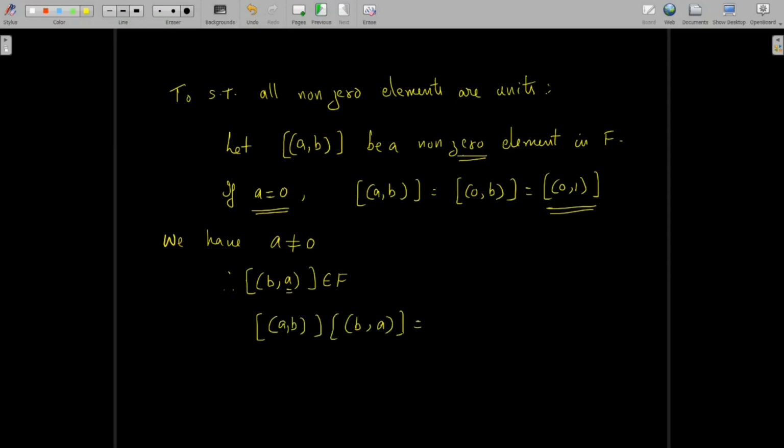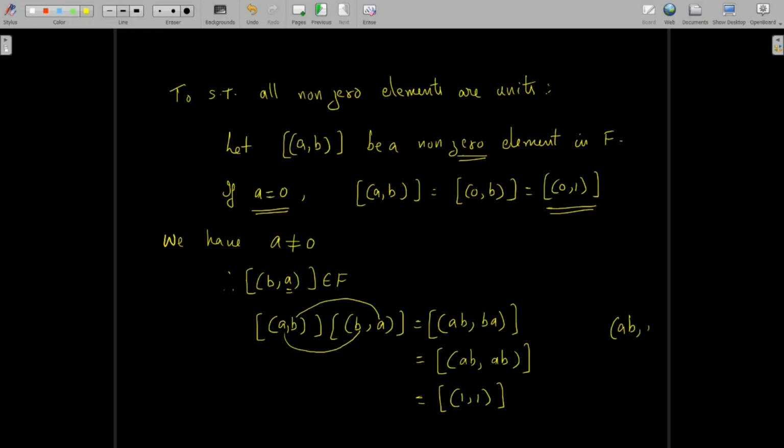As per the definition of multiplication, we have to do the product of the first two coordinates, then the product of the second two coordinates. So the answer becomes the equivalent class AB comma BA. And since D is an integral domain, multiplication is commutative there. So we can write this element as AB comma AB. And this is actually equal to the equivalent class 1, 1.